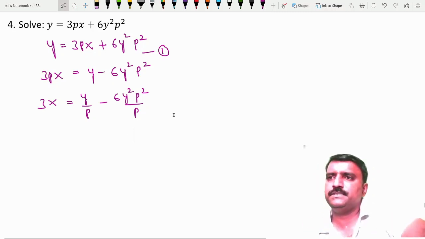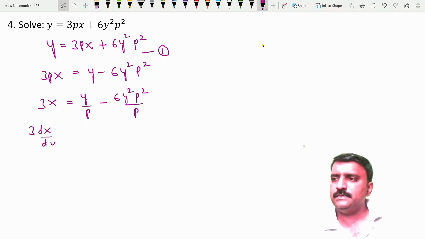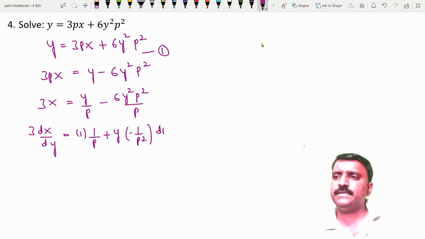So now differentiate this with respect to y. So then it gives 3 into differentiation of x with respect to y, which is dx by dy, is equal to differentiation of y, which is 1, and you keep that 1 by p as it is, plus keep y as it is, differentiation of 1 by p is minus 1 by p square into dp by dy, minus, as here remaining is only y square p, one of the p cancels, so it is 6 into differentiation of y square is 2y into p, next minus 6y square into differentiation of p with respect to y is dp by dy.